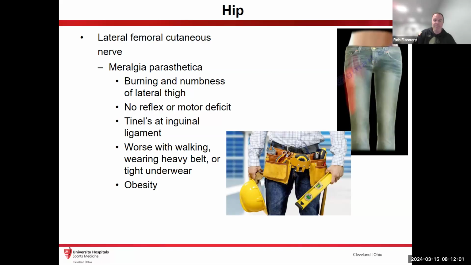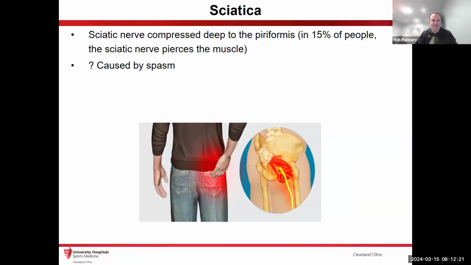But this is something that can be hydrodissected. You can try it and see. You're not going to damage any motor skills, and they do appreciate getting rid of that discomfort because it can be disturbing. They state that it feels like there's always something in their pants pocket, or at least that's what people have described it to me as.